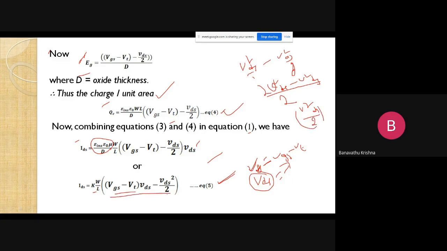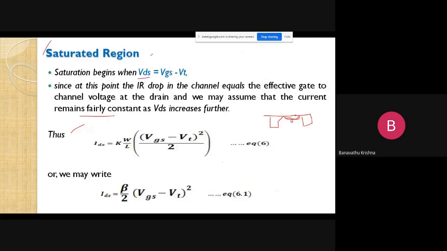So now IDS equals K into W by L into V square DS by 2. Again, you can substitute for V square DS, that is VGS minus VT, since VDS is nothing but VGS minus VT.